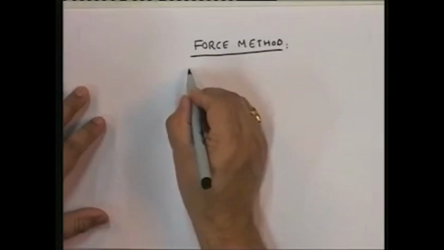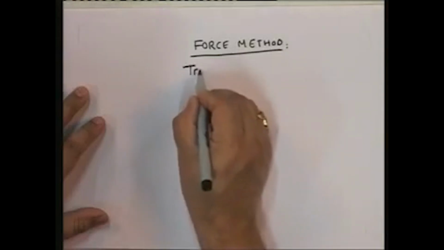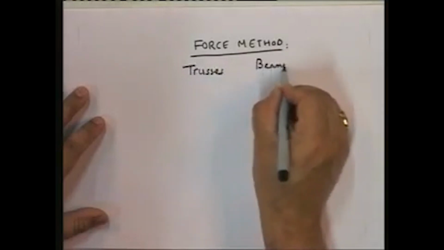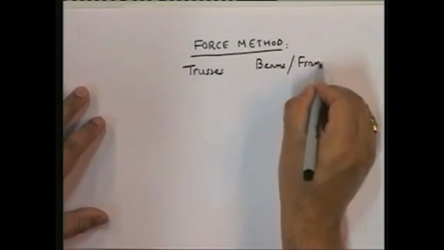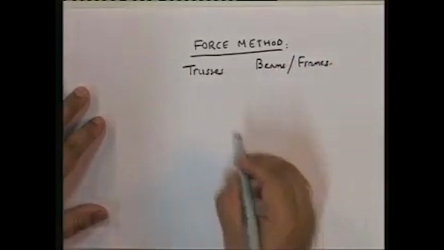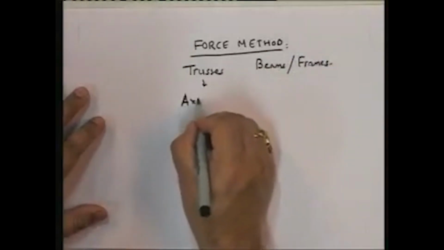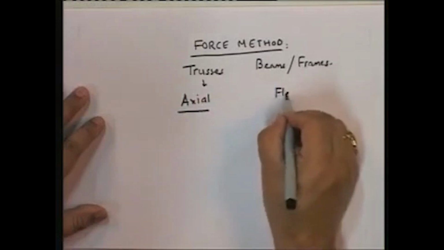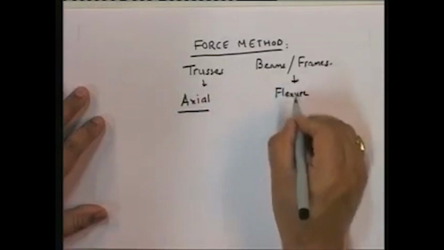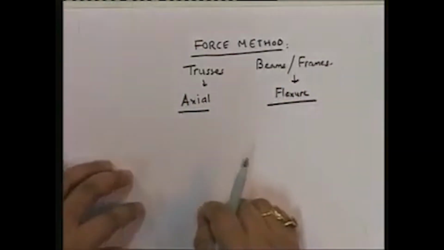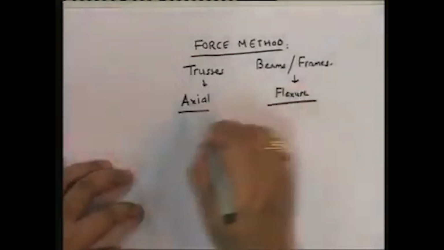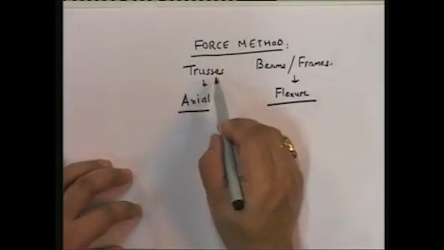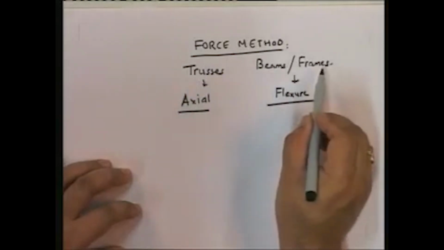I have applied the force method to both trusses and beams, and the thought process is the same. Trusses: axial, main load transfer. Beams and frames: flexure, main load transfer. This is the essential difference between the two. So we've looked at how to consider the force method for trusses as well as beams and frames.